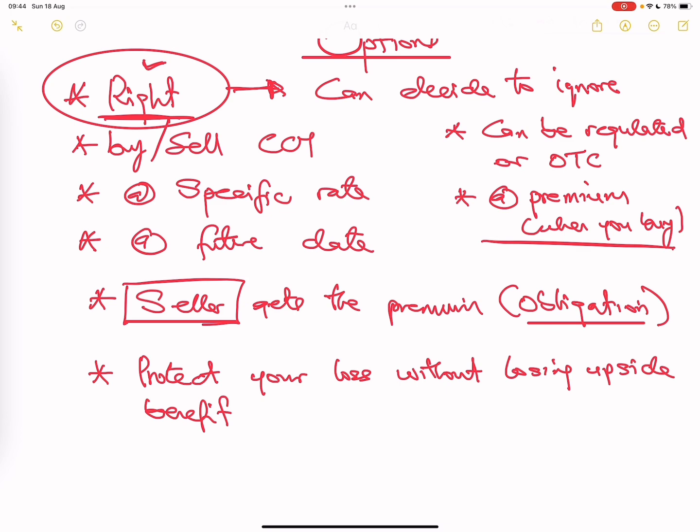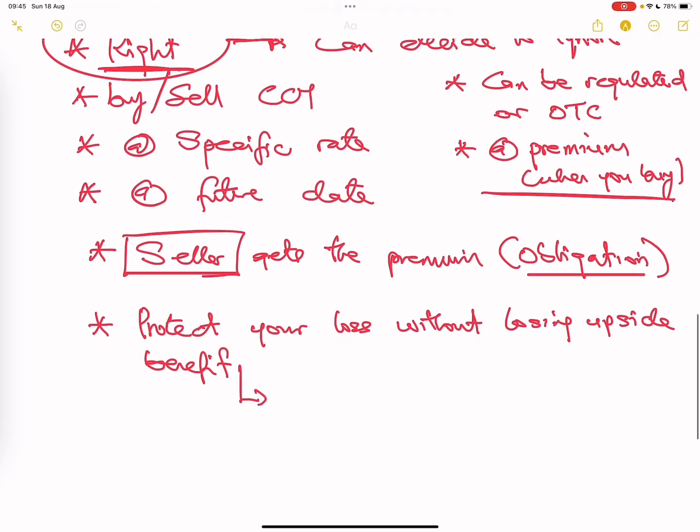Right? And that is why you are going to get it at a premium. It's not going to be free. To break it down, imagine that if the rate moves against you, you can say, I'm not doing this, you trash the contract and you ignore it. All you will lose is just the premium you've paid.